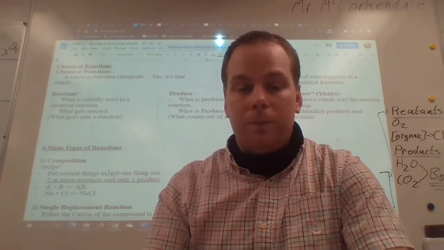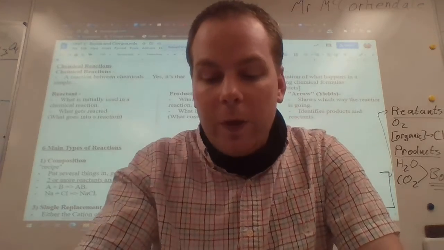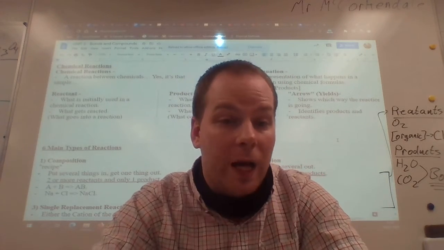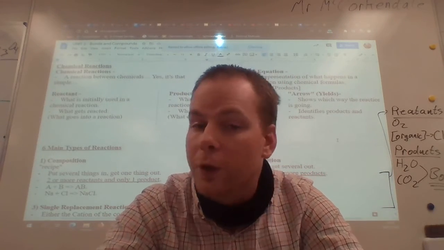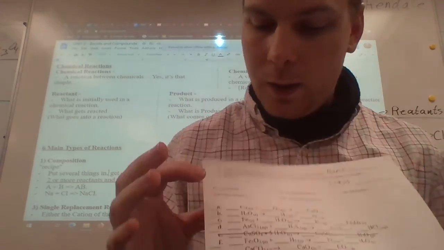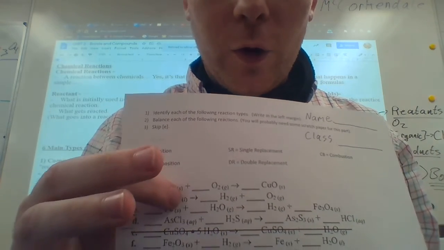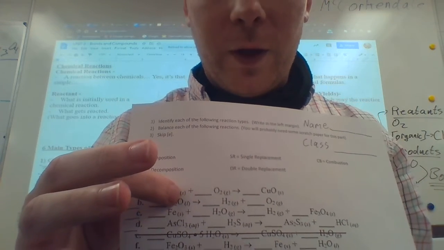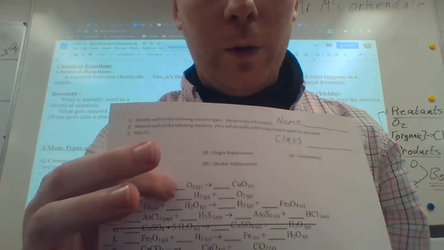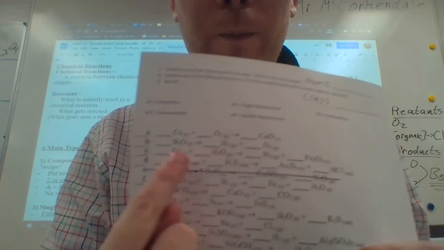Now, if you look at reaction A, you'll see that there are multiple items on one side of the reaction, but only one thing on the other side. Specifically, we have Cu here. Ignore all these things with parentheses. They don't matter. We have Cu, we have O2, and then we have CuO.